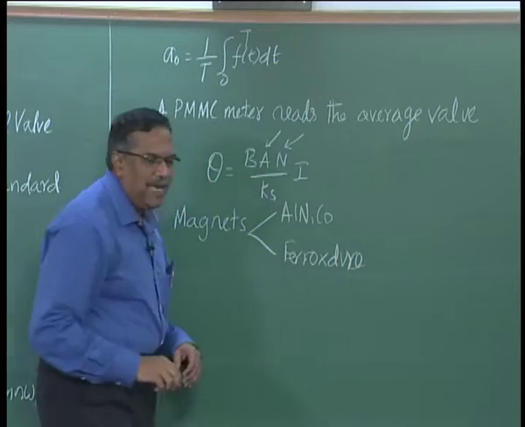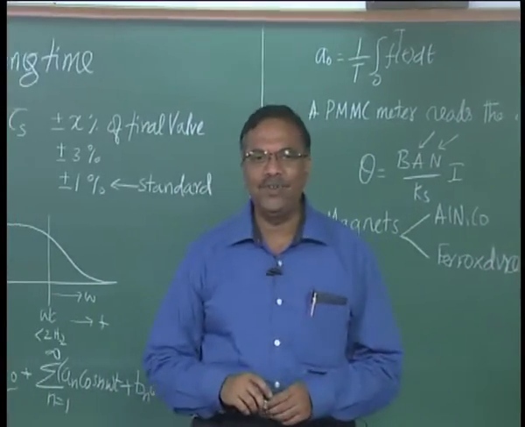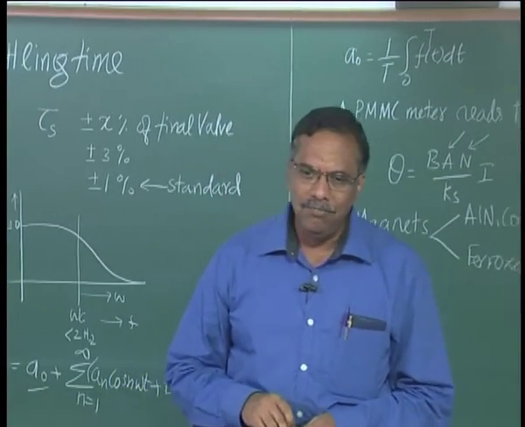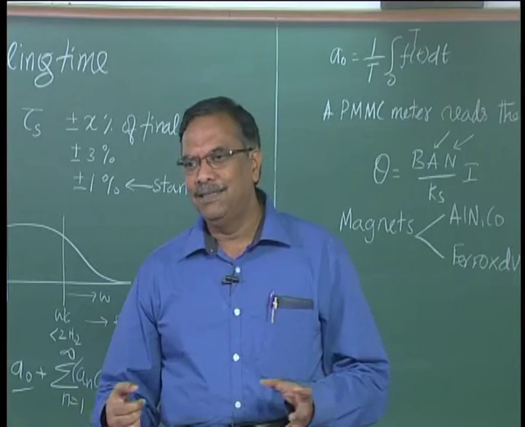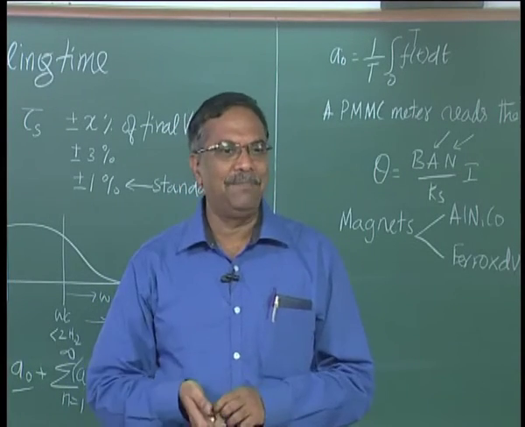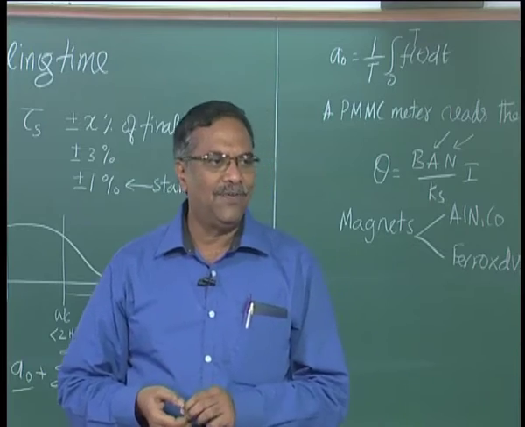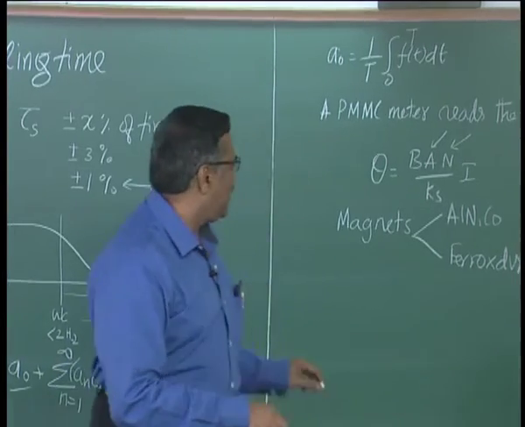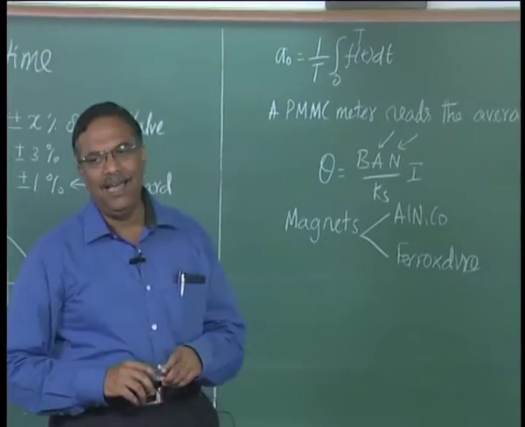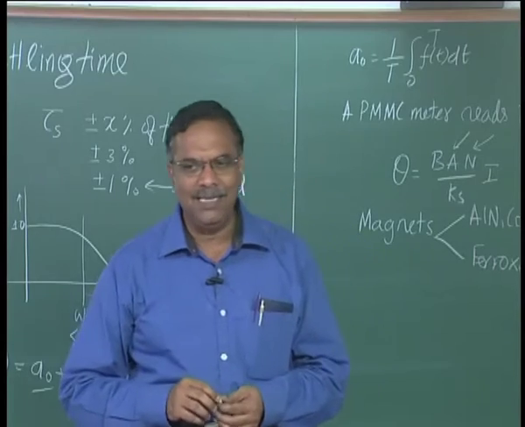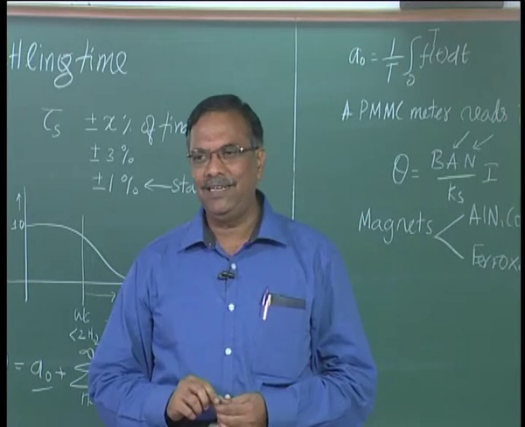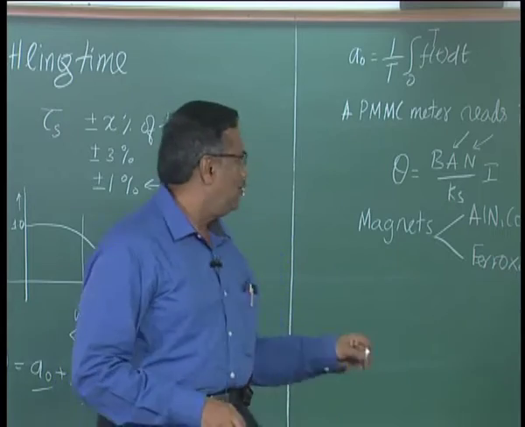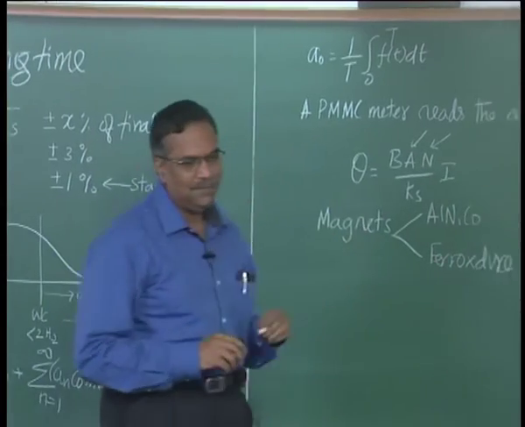The Ferrox-Dürr magnet is again a composite magnet. Most of you would have seen it. If you look at a loudspeaker, you see a big black magnet at the back, that is Ferrox-Dürr. Compared to Alnico, Ferrox-Dürr is very easy to make and also very cheap, right. But for most meter applications, when it came to PMMC, Alnico was used, right.